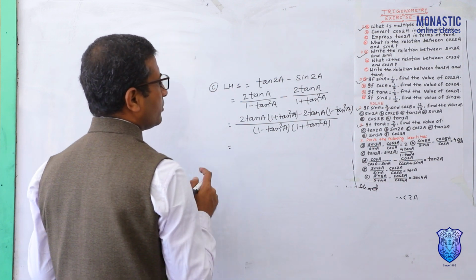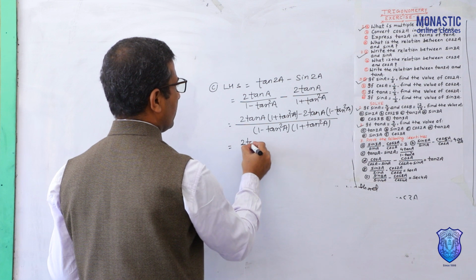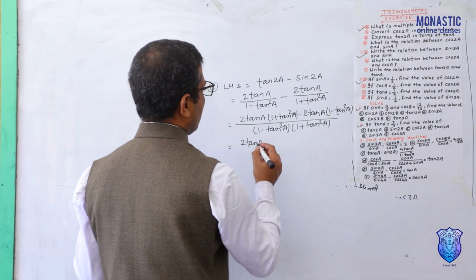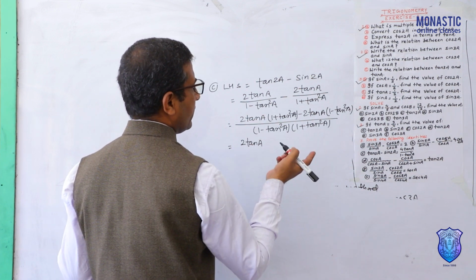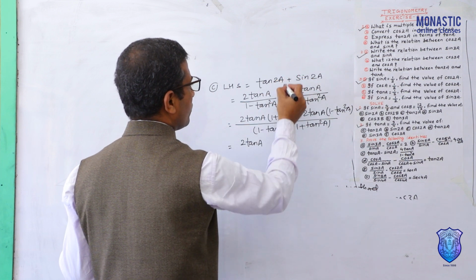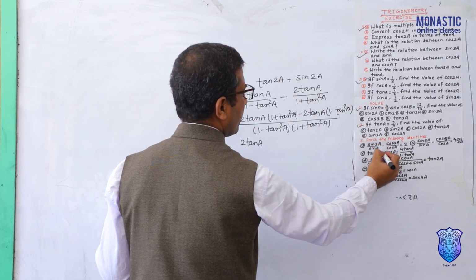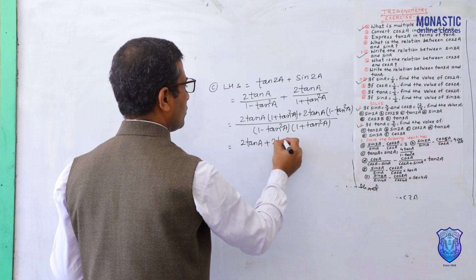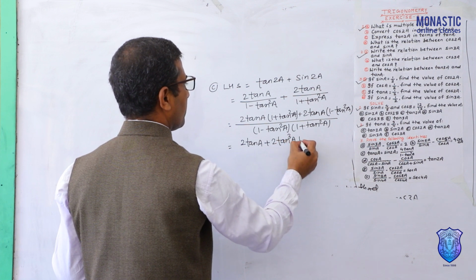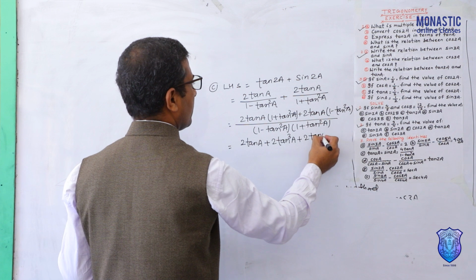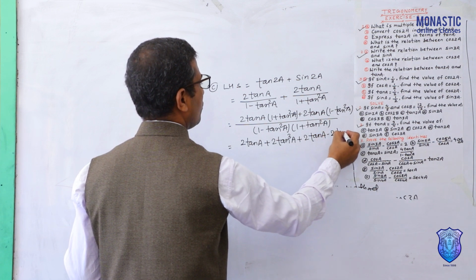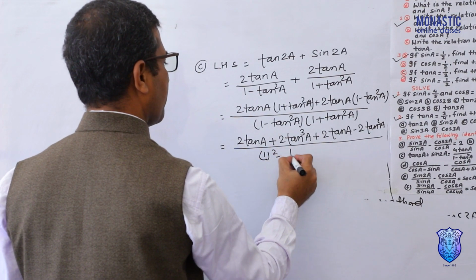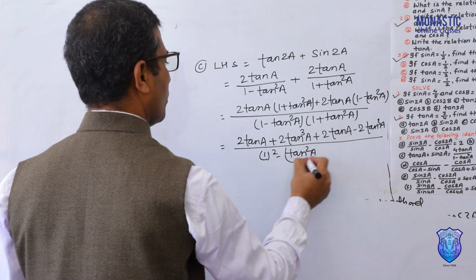So what can we do now? If there was a mistake in the question, if the question is this, then the answer will be different. For the correct answer, we have to change the question here. That will be plus 2 tan A plus 2 tan cube A plus 2 tan A minus 2 tan cube A by 1 minus tan square A whole square.